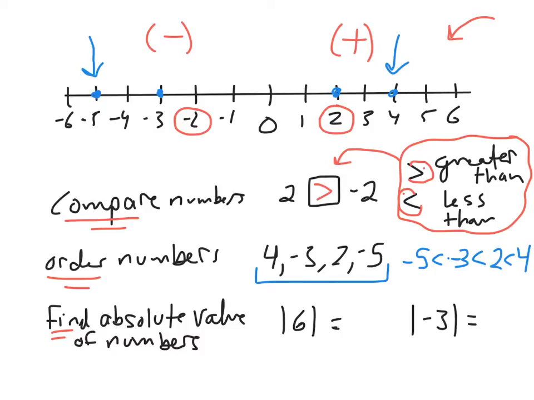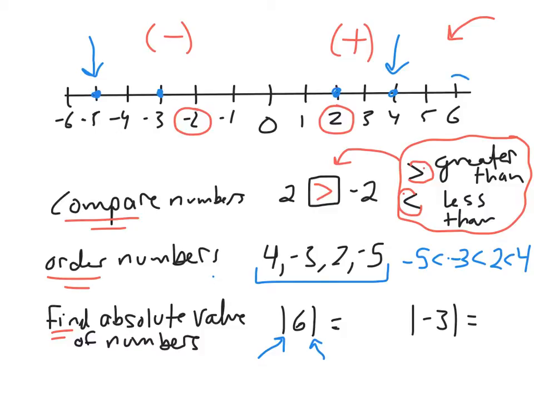The last thing to do is find or determine absolute value. So absolute value answers the question of how far away is that number from 0? Because the absolute value symbol, these bars that surround the 6, are something for you to do, like an operation. Find the absolute value of 6.